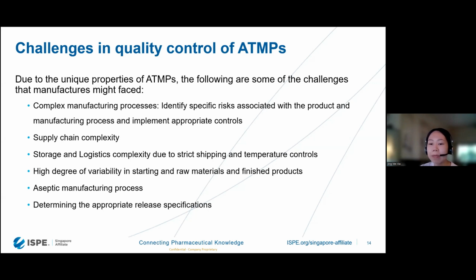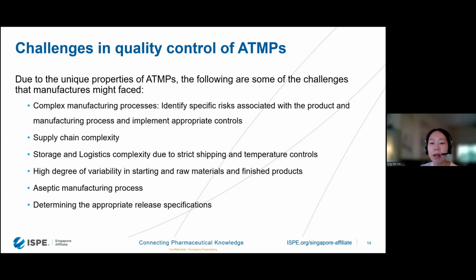The complex manufacturing process brings challenges in ensuring product consistency from batch to batch. When designing and implementing cell and gene therapy medicinal manufacturing processes, manufacturers need a process to identify the specific risks associated with the product and the manufacturing process and implement appropriate controls.